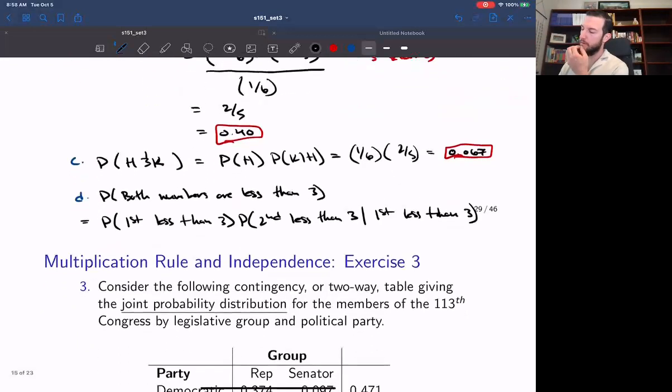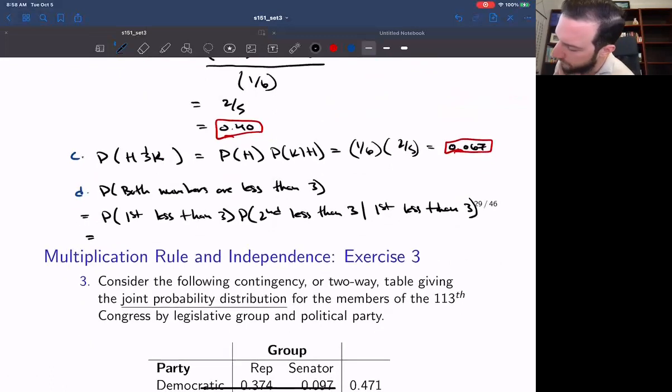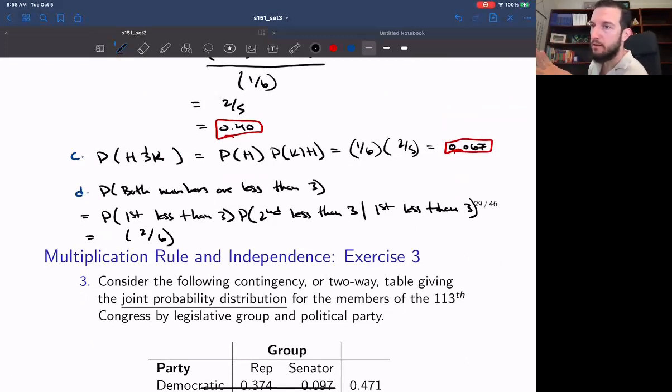The probability the first number is less than 3 is 2 out of 6, because there are only 2 numbers out of the 6 that are less than 3, which are 1 and 2. So that's a 2 out of 6 chance.